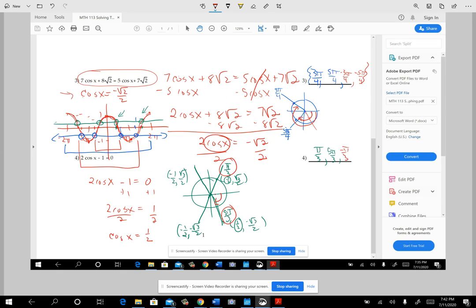And then if I went all the way around to here, we'd have to count that out. So that would be 1 pi over 3, 2 pi over 3, 3 pi over 3, negative 4 pi over 3, negative 5 pi over 3. Now, things are not always just going to be the positive and negative. You're not always going to have a positive and negative like that. We just do here.